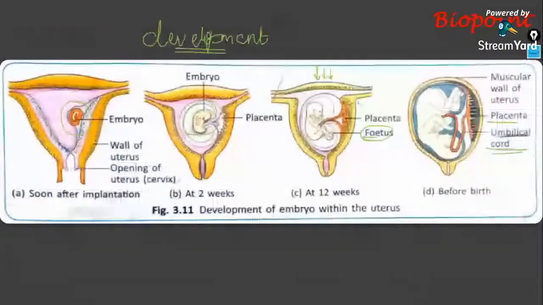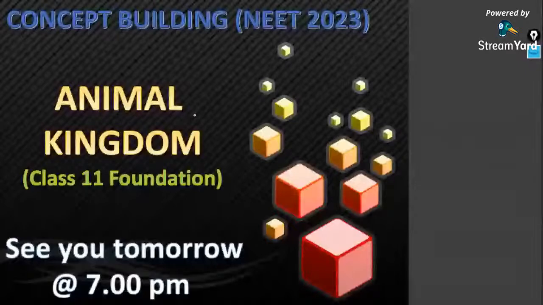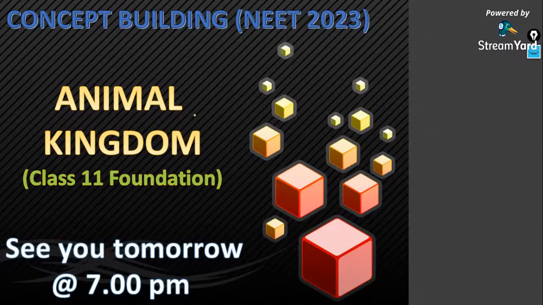See you in tomorrow's class with yet another session, on the animal kingdom, the class 11th foundation class. I want each of my 10th students to go and read your 9th standard textbooks on the different phyla, for example Porifera, Coelenterata, Cnidaria, Ctenophora, Platyhelminthes.